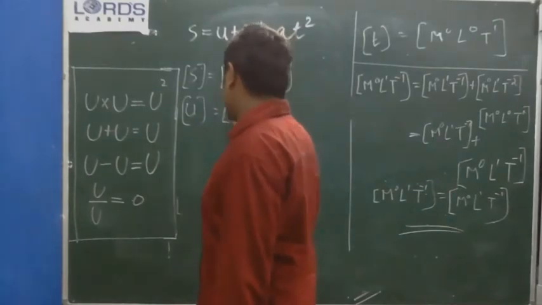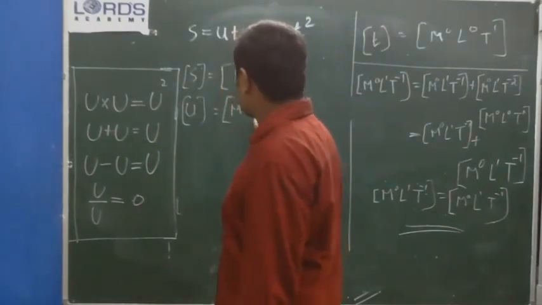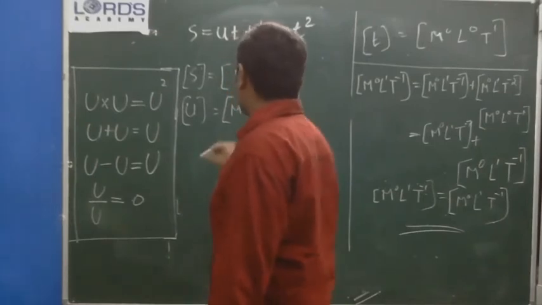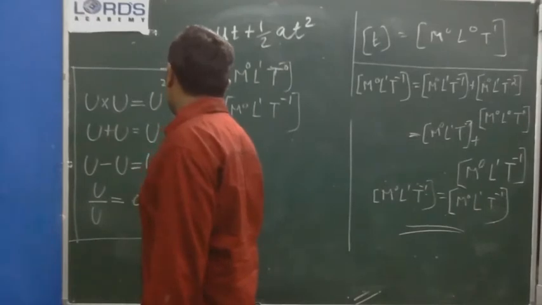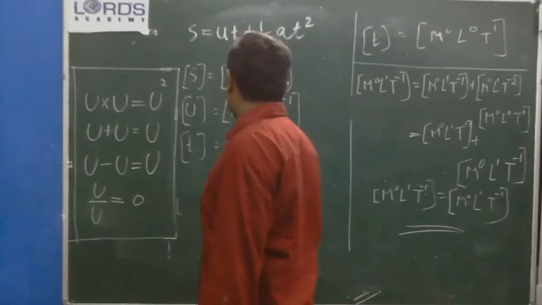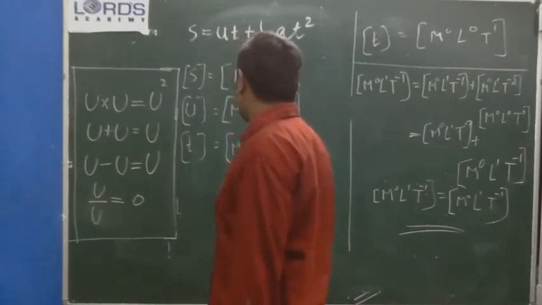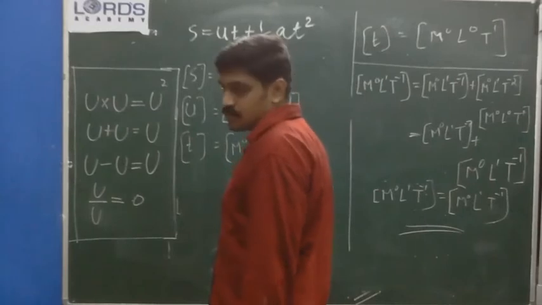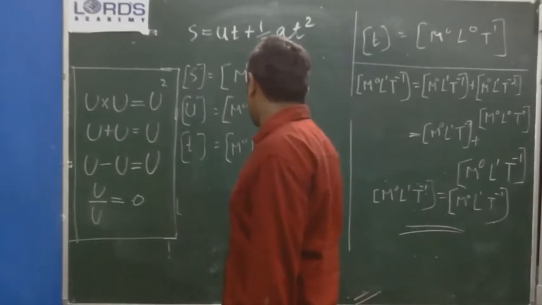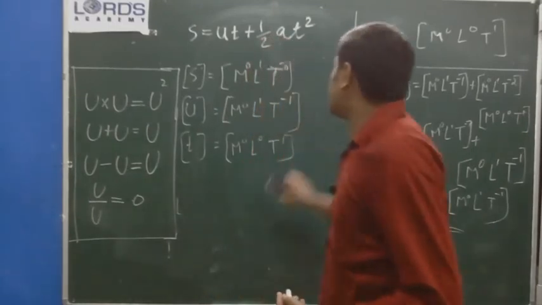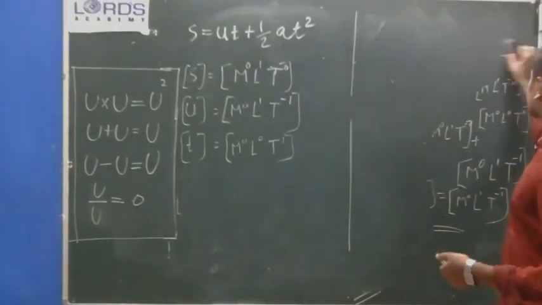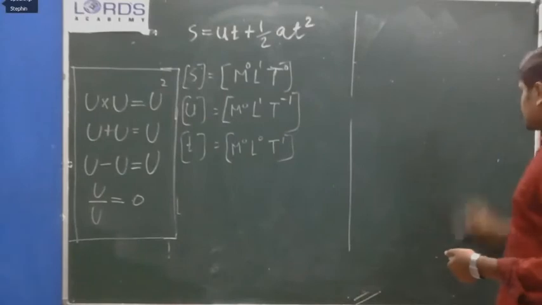M raised to 0, L raised to 1, T raised to minus 1. Then T: M raised to 0, L raised to 0, T raised to 1. Then what about half? That we need not consider. Just ignore 1 by 2.